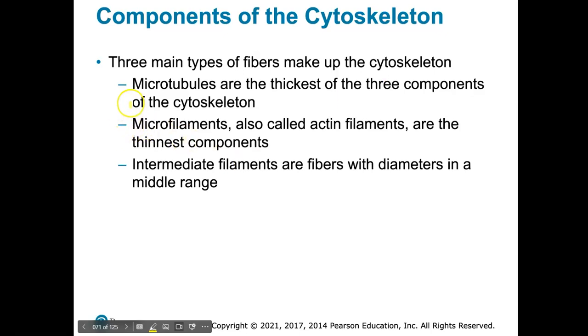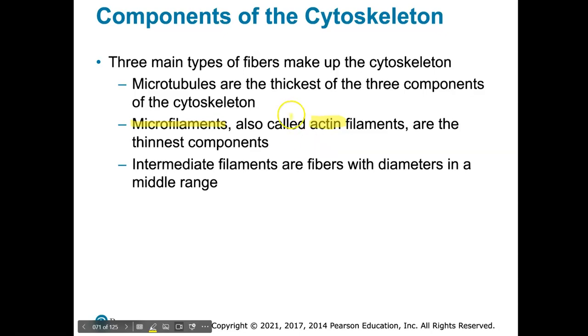And this page tells you microtubules are the thick filaments. Microfilaments, I do want you to know this, are also called actin. That's going to be important if you ever take anatomy and physiology. Actin is one of the filaments in a muscle fiber that cause muscle contraction.